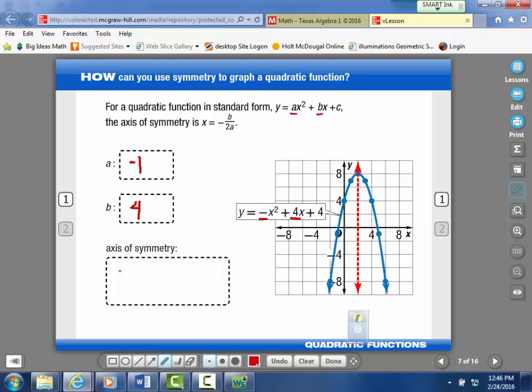So our axis of symmetry would be x equals the opposite of 4 over 2 times -1. And so that is x equals 2. And we look at our picture here, and they have drawn that in for us, and indeed it is at x equals 2.